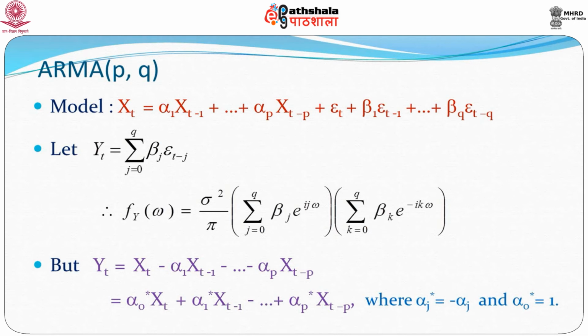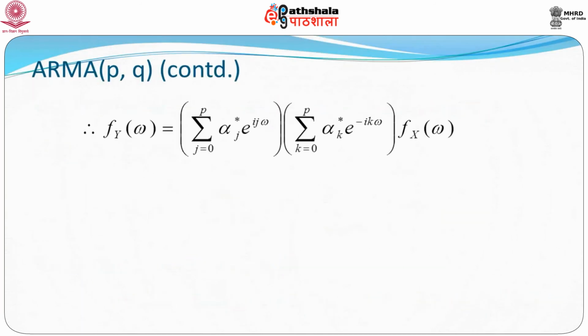Now if we do this, again we use the same result. Again we can express y or its spectrum in terms of the spectrum of x. And if we do that, we get this. So in this case, unlike before, we do not know what the spectrum of x is. So on the right hand side we have f_x(omega), and on the left hand side we have f_y(omega), and these are related by these two quantities, the summation j equal to 0 to p of alpha_j* e to the power of i j omega and the summation k equal to 0 to p of alpha_k* e to the power of minus i k omega.